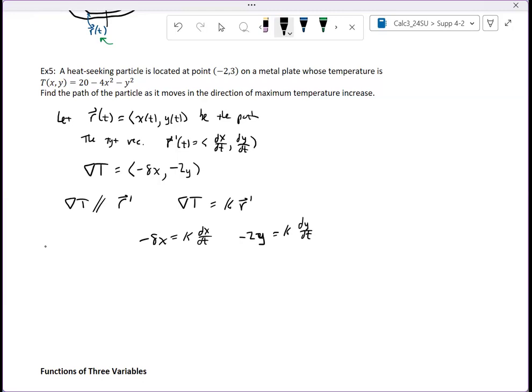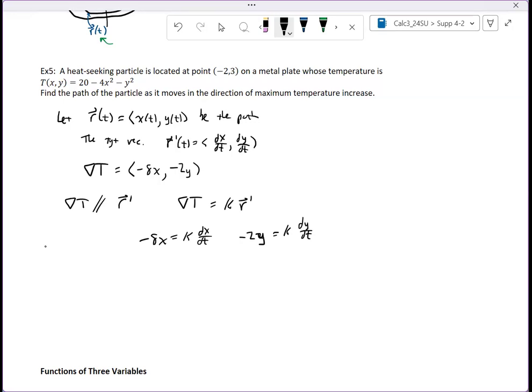Note that k is a function of t. So the gradient and the derivative could change magnitude, or change relative magnitude, as time progresses. I would like to get rid of k. It's not really important for finding the path.